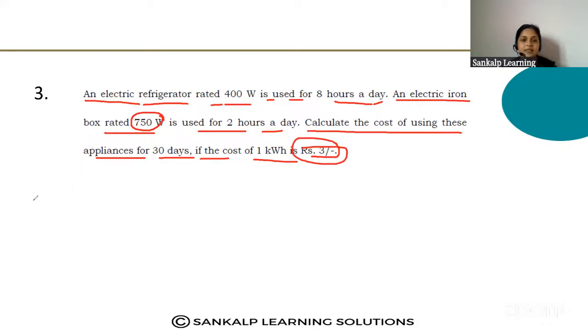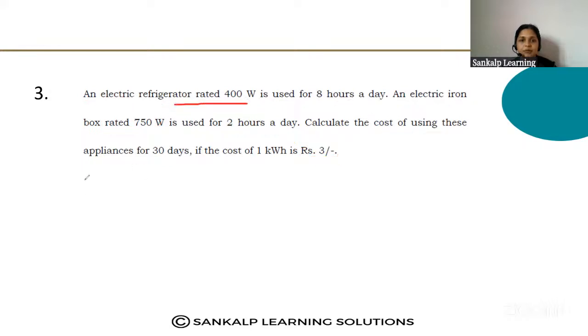Okay, let us write down the given data here. The power of the electric refrigerator is equal to 400 watt, and the time it is used is 8 hours. How many days? It is used for 30 days.